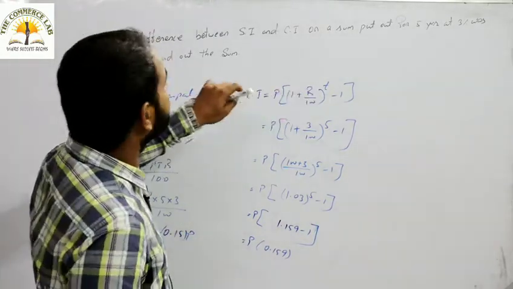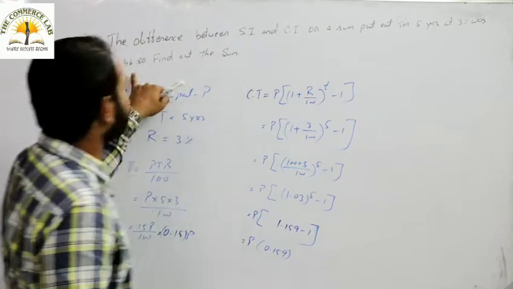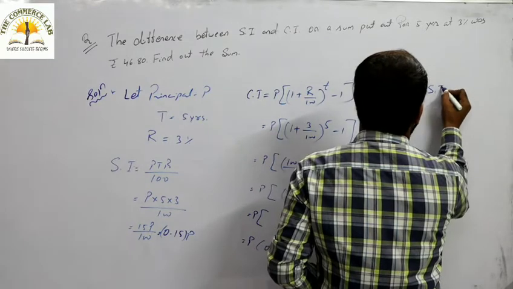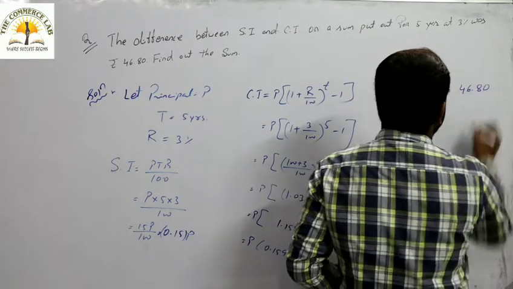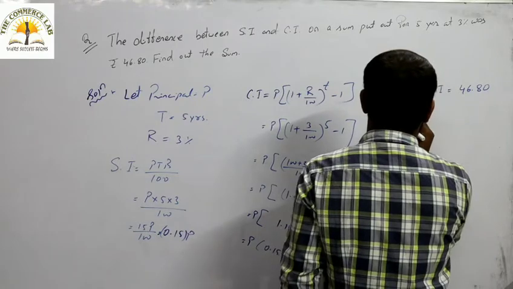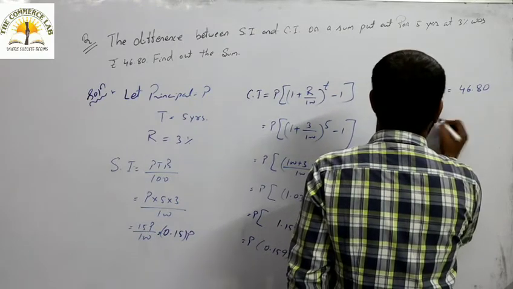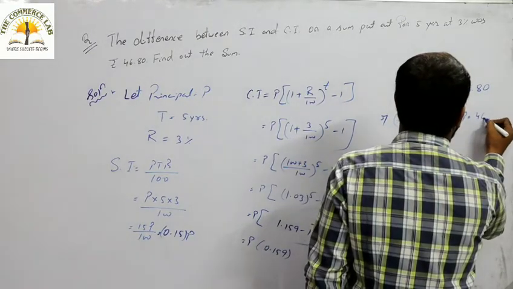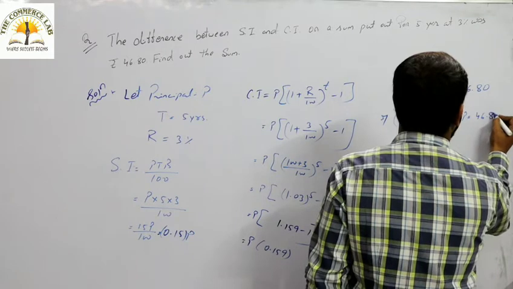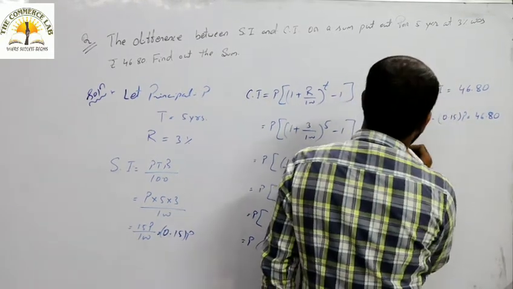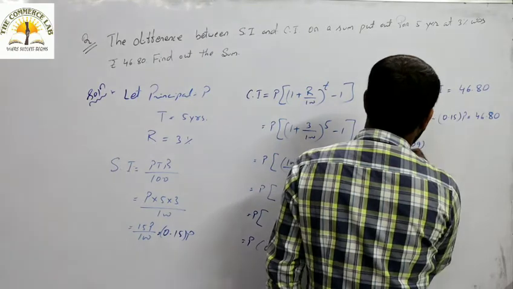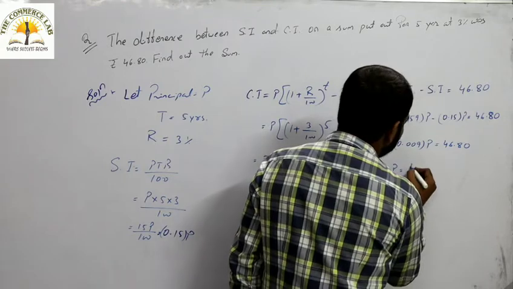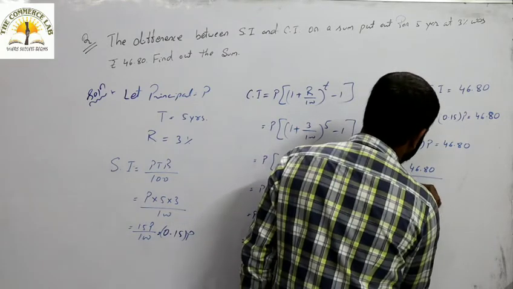But here the condition is given, the difference between SI and CI is 46.80 rupees. That means CI minus SI is equal to 46.80. Here CI is 0.159 P minus 0.15 P equal to 46.80. This implies 0.009 P is equal to 46.80. This implies P equal to 46.80 divided by 0.009.